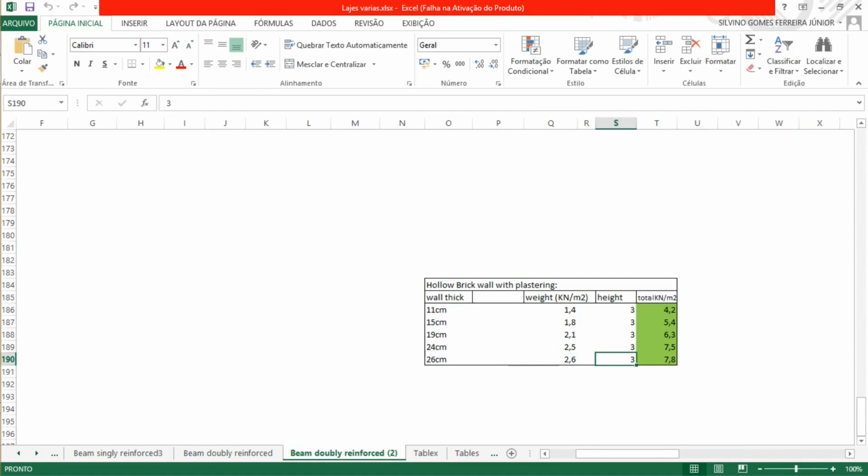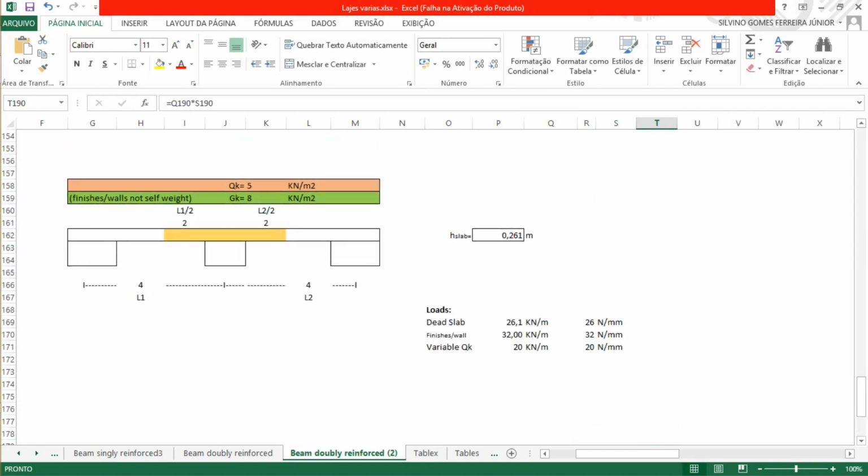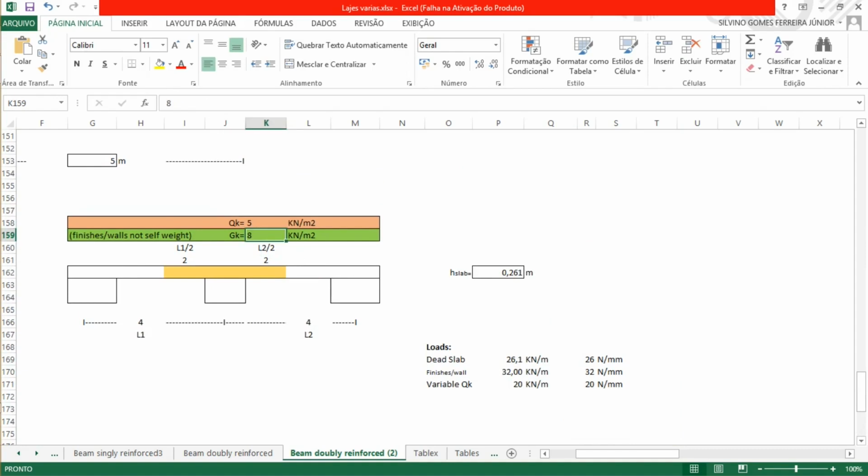It could be 2.7, so let's consider 7.8. These are hollow bricks, they are not solid, so 7.8 we can consider like 8. It came from there, kilograms per square meter.